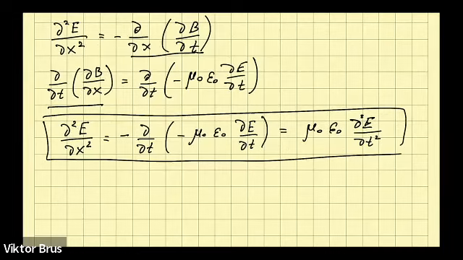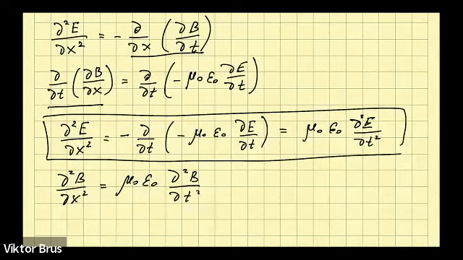In that case, we can write that d squared B over dx squared is equal to mu naught times epsilon naught d squared B over dt squared.